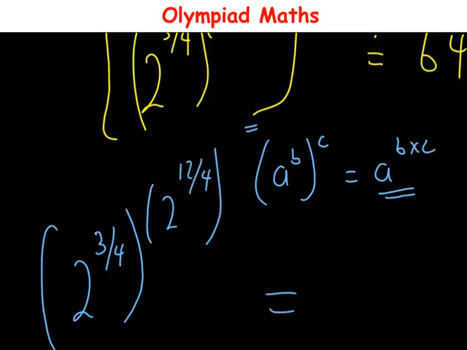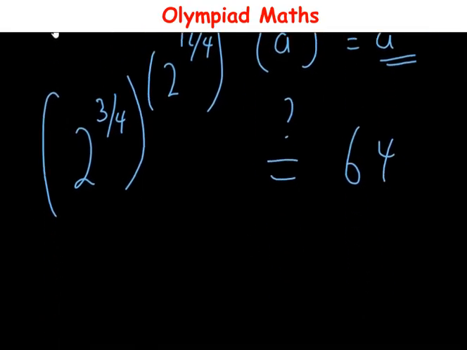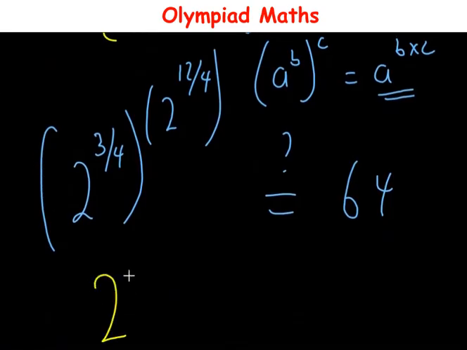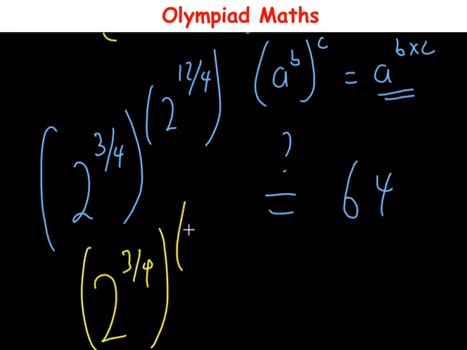Equals 64? So following this, we have 2 raised to power 3 over 4, then all raised to power 2. 12 divided by 4, we have 3. So 2 raised to power 3.